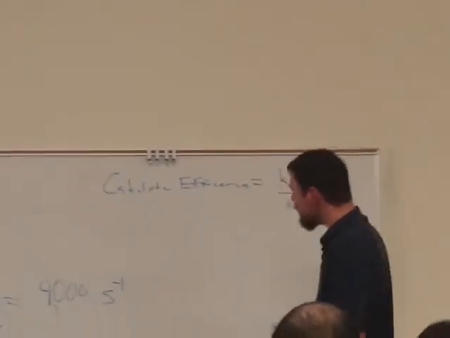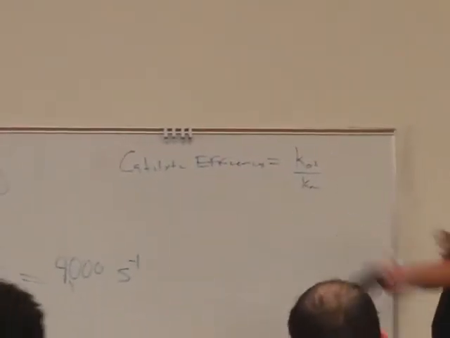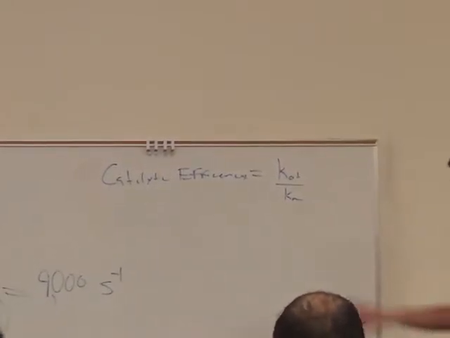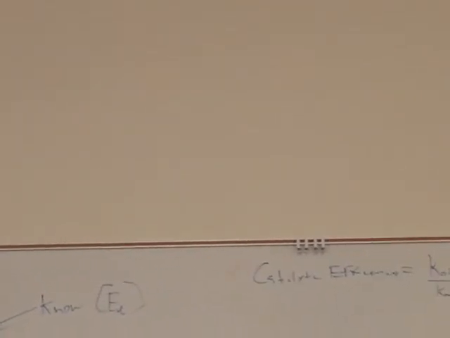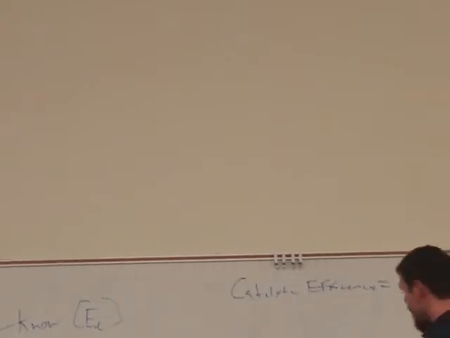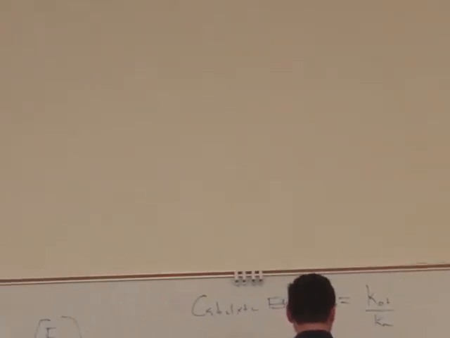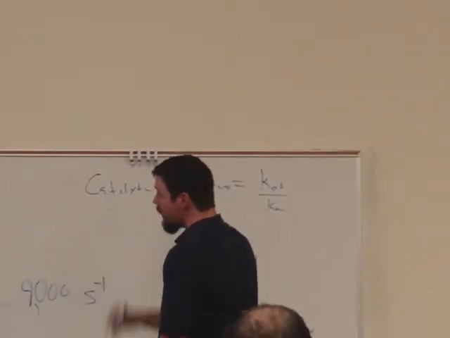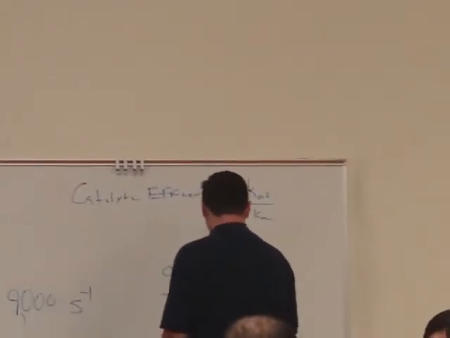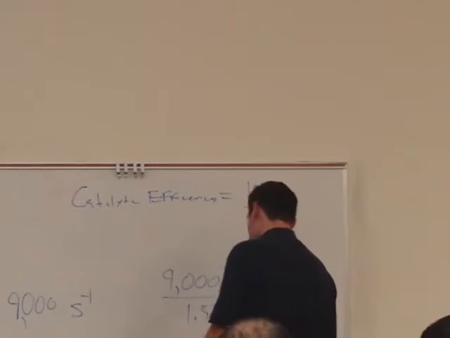It's probably going to be at least 10 to 15 points on the exam, knowing these definitions so you can apply them. So, we can do this. We've got our 9,000 per second divided by our Km, which is 1.5 millimolar. What is that equal?